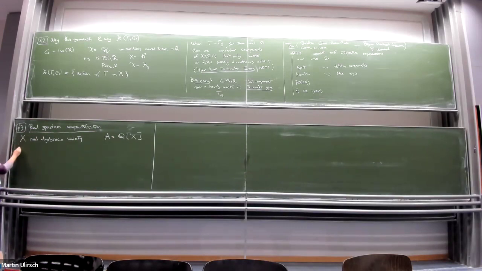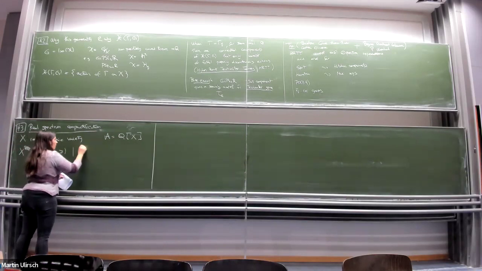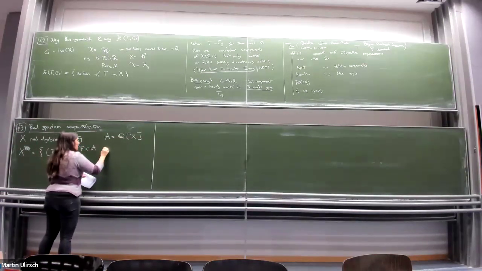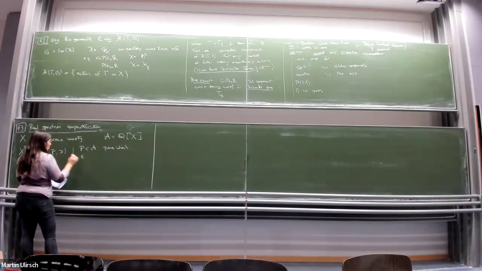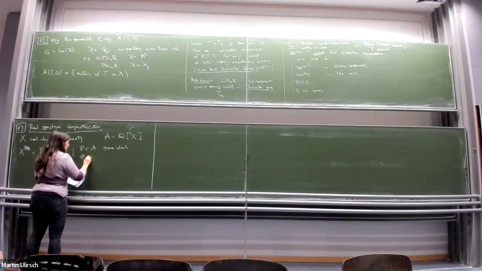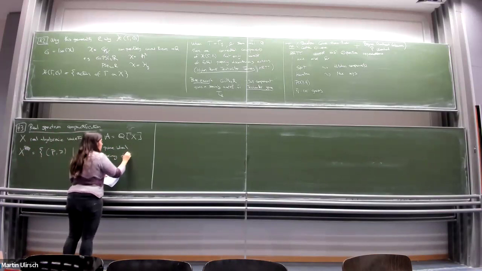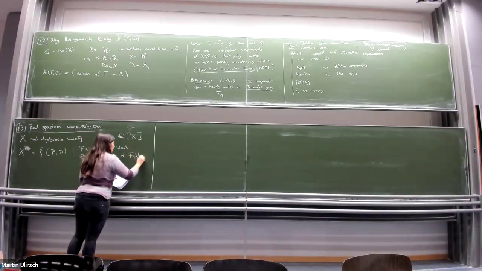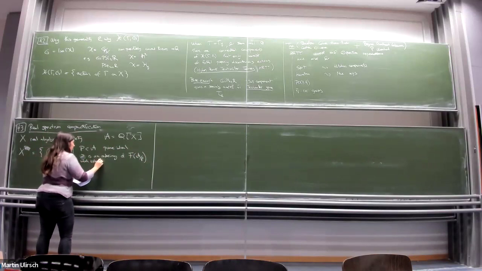Then real algebraic geometry constructs the topological space, which is the set of pairs where p is a prime ideal, and the order is an order of the fraction field, which extends the order.